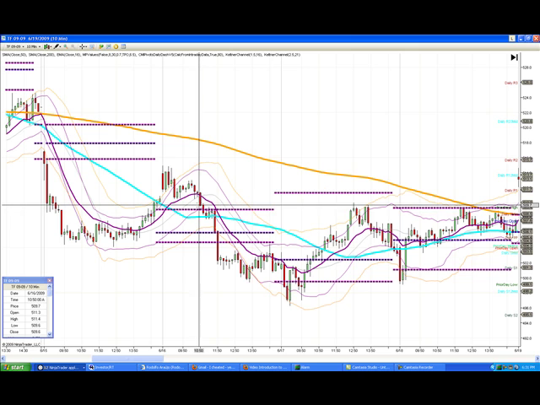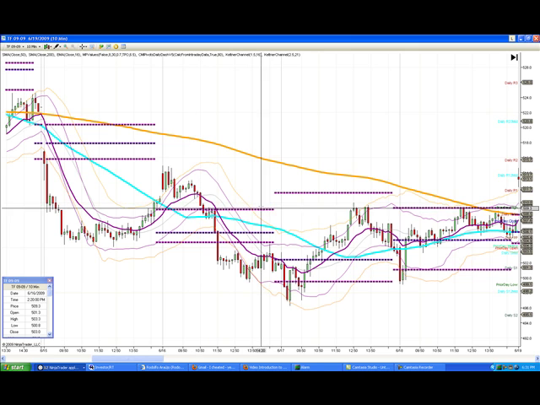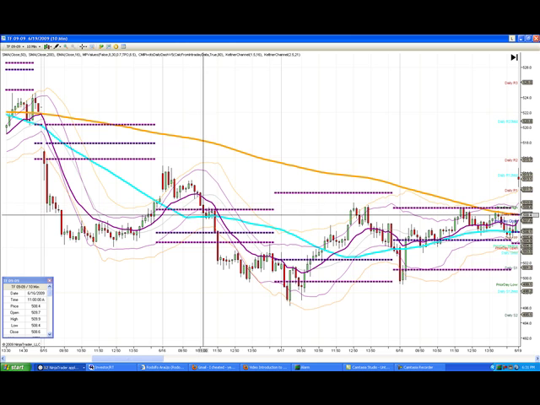Now you can evaluate the response of price to that level, and you can see that it penetrates and goes inside, and for 3 bars, that's 45 minutes here.